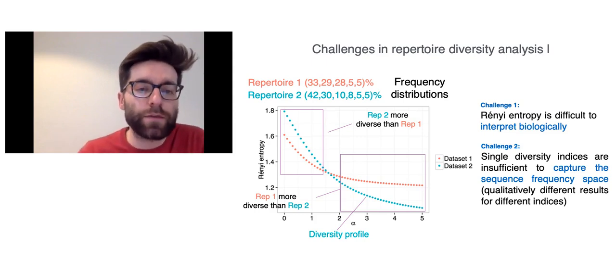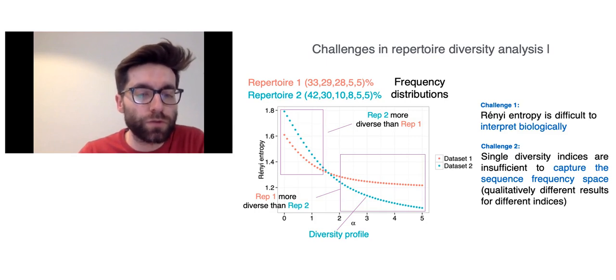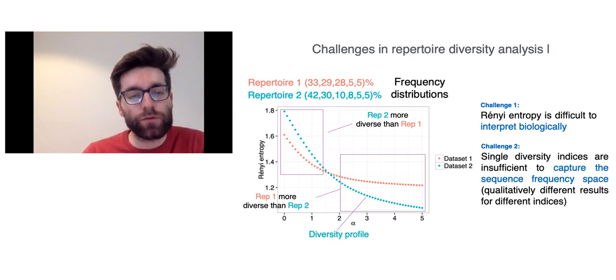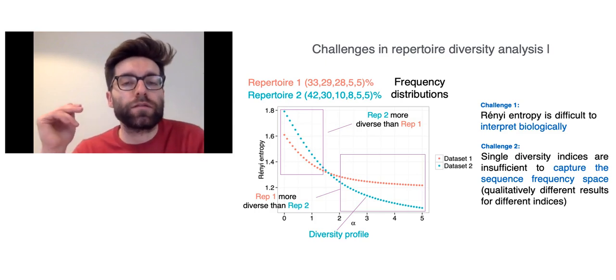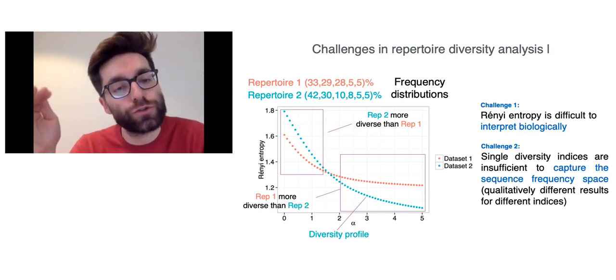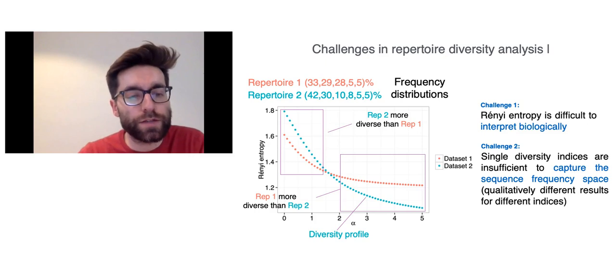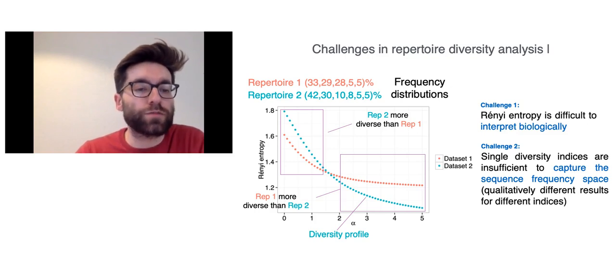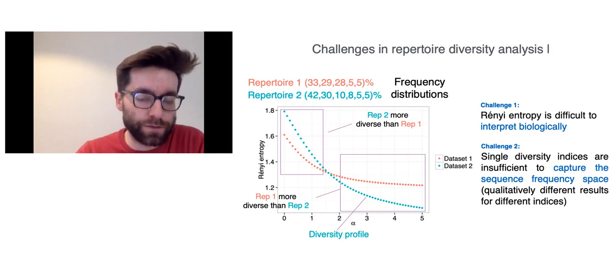The problem with the diversity indices that many people do not appreciate is that if you only look at one, you can draw qualitatively different conclusions depending on where you look. So for example, for alpha equals 1, which is the Shannon entropy, you would say that the blue repertoire is more diverse than the red repertoire, whereas for alpha equals 2, the red repertoire would be more diverse than the blue repertoire.